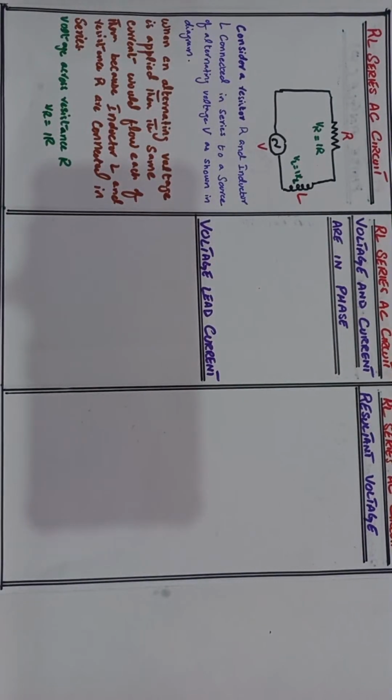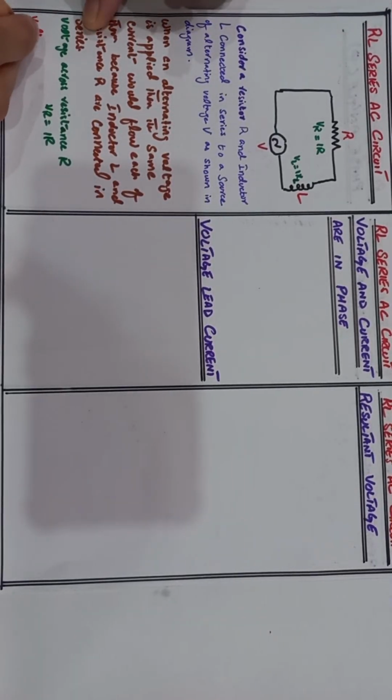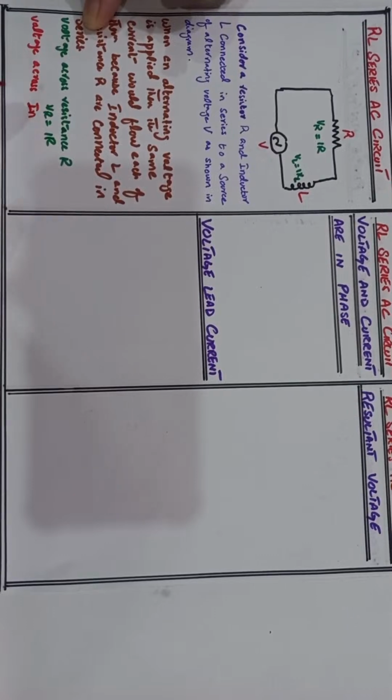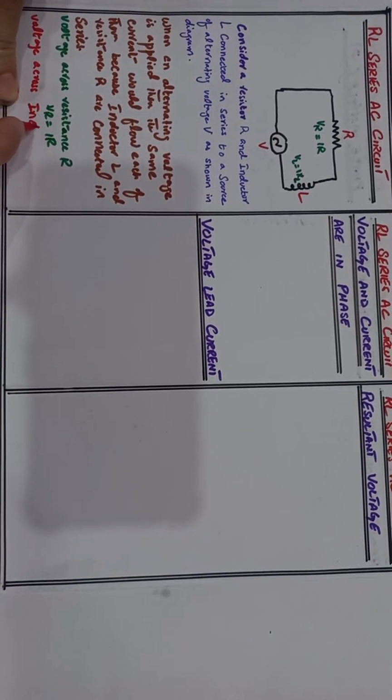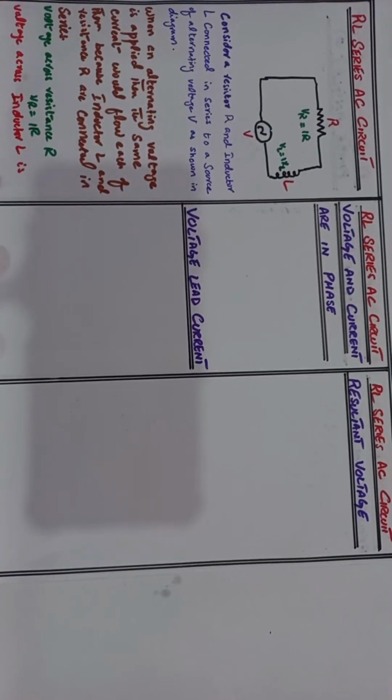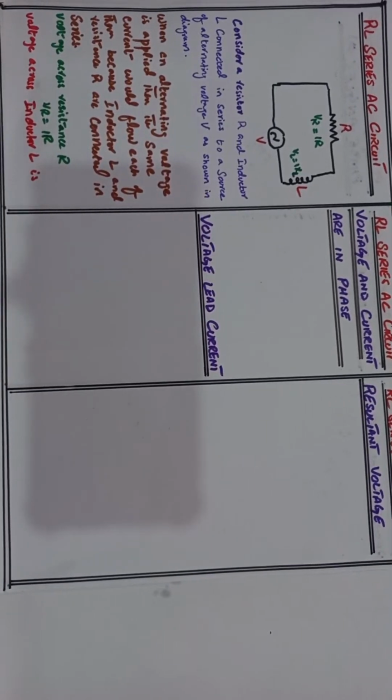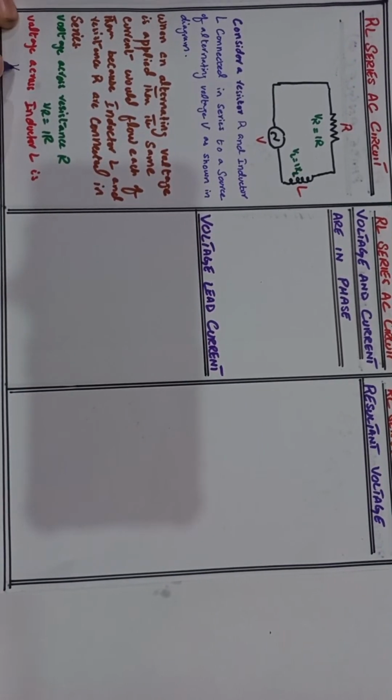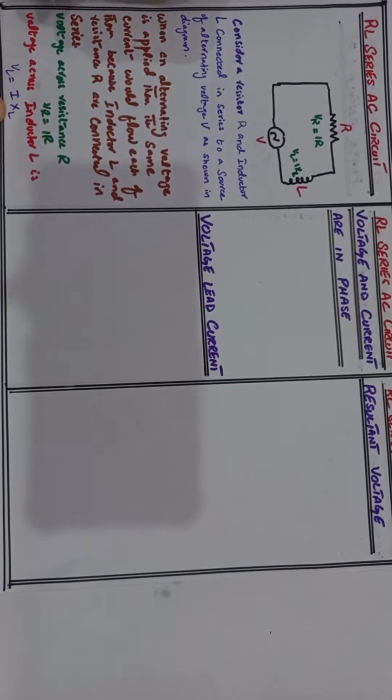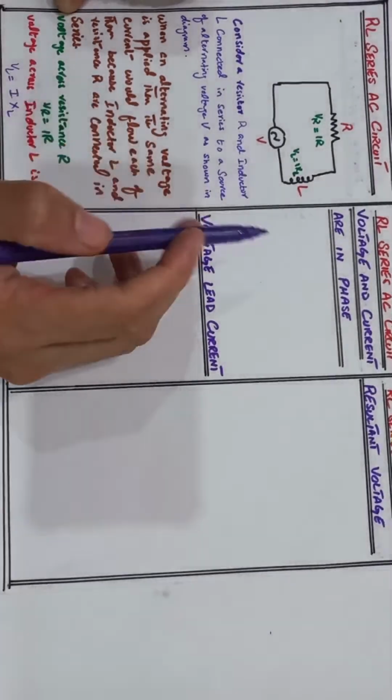Similarly, the voltage across the inductor L is VL equal to IXL. XL shows the opposition offered by the inductor, which is called the inductive reactance.